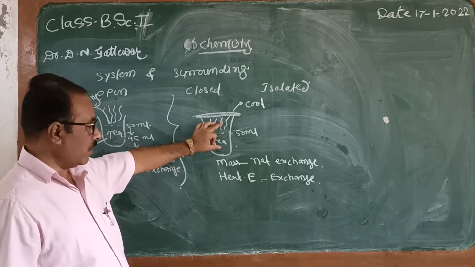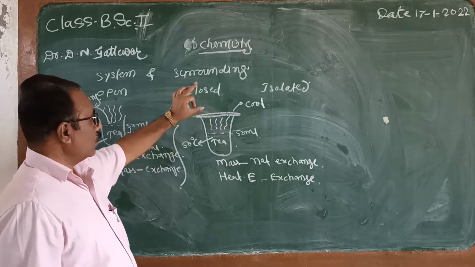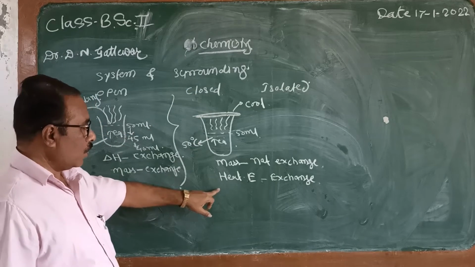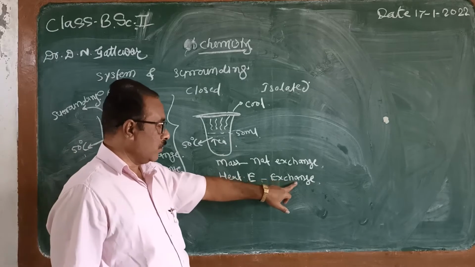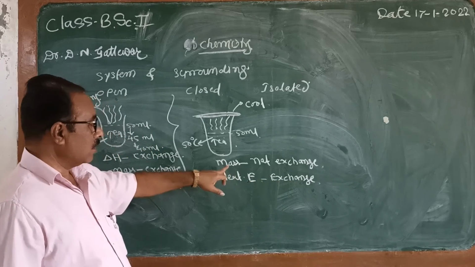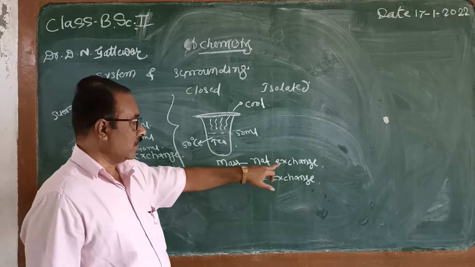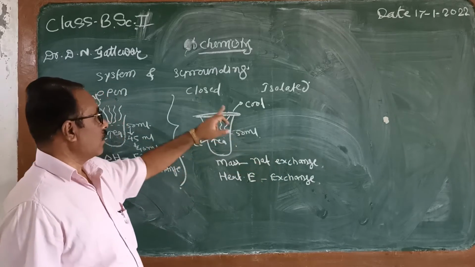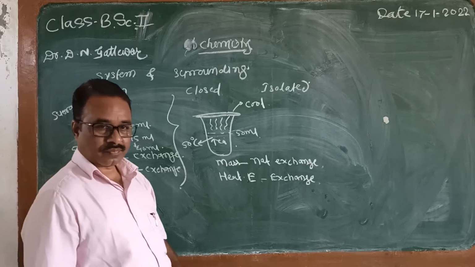This is something about the closed system. So we can define it as the system in which only heat energy can be exchanged with the surroundings, while the mass, or you can say the matter, is not exchanged with the surroundings. That is called the closed system.